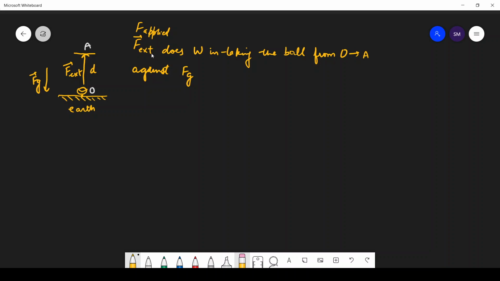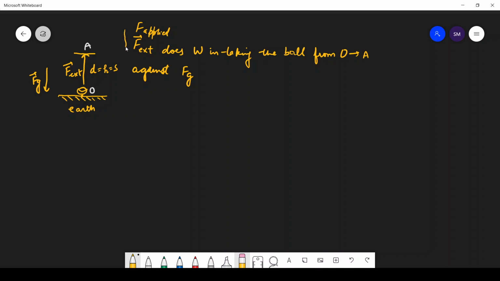So external force is doing the work in taking the ball from the ground to height h. You can call it d, you can call it h, you can call it displacement s. All of them have the same meaning. As a general case, you can call it x also.